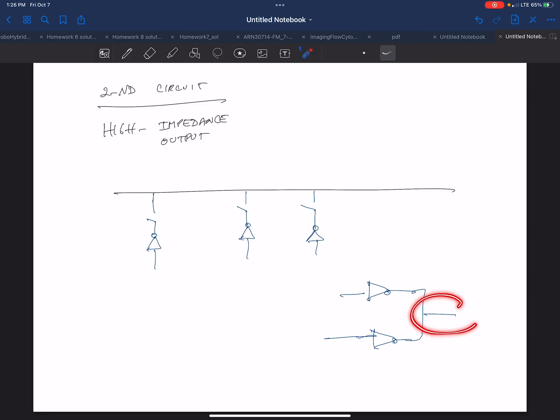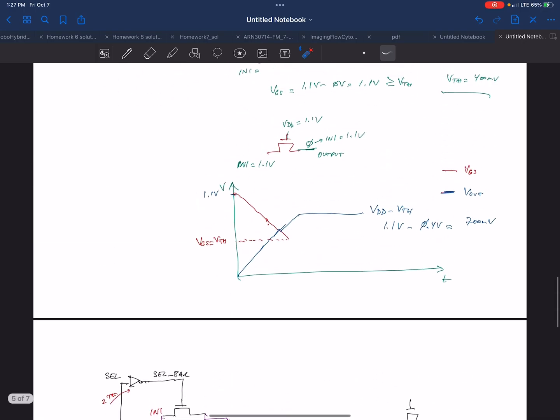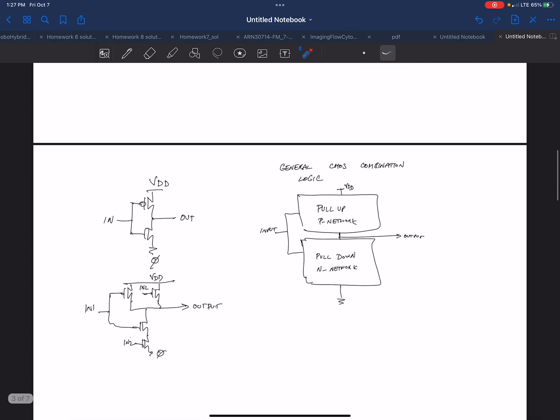Because another rule, or artifact, of CMOS combinational logic is that either the pull-up network is on or the pull-down network is on, but always, always, always one of them is on. At no point are they both off. So if you hook up the outputs of two or more gates, they're just going to fight with each other because the outputs are always on. They're either pulling down or pulling up. There's no neutral stance, okay?